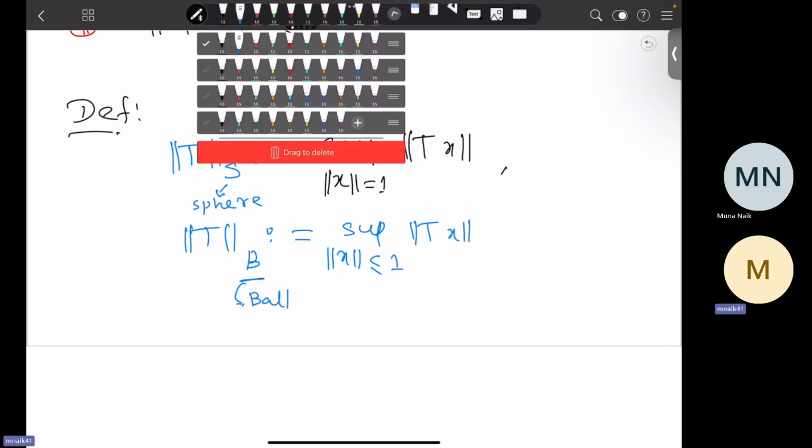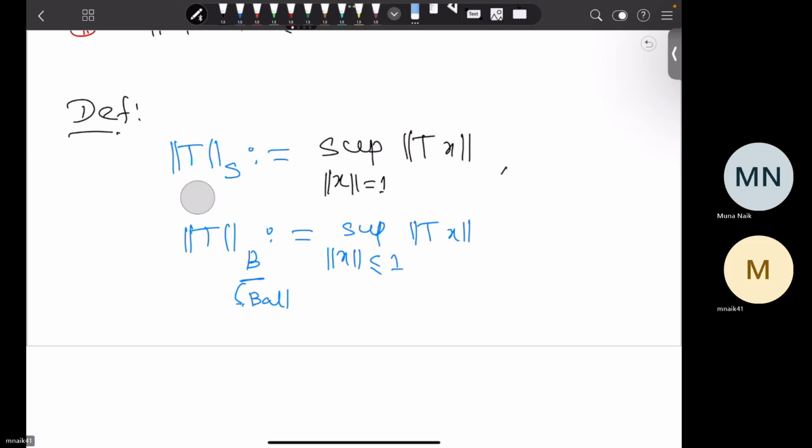Okay, so S stands for sphere and B stands for ball.